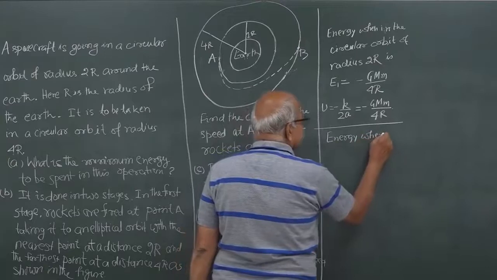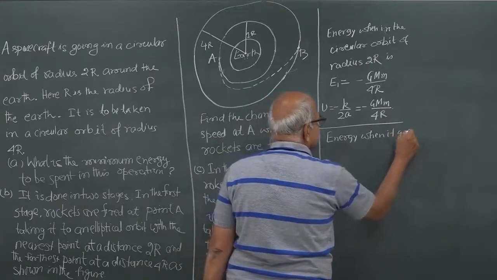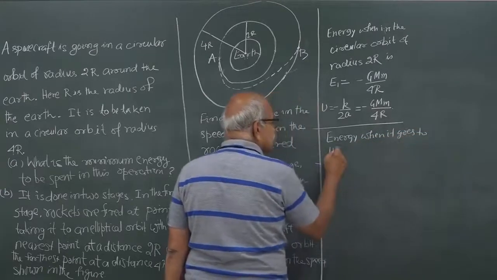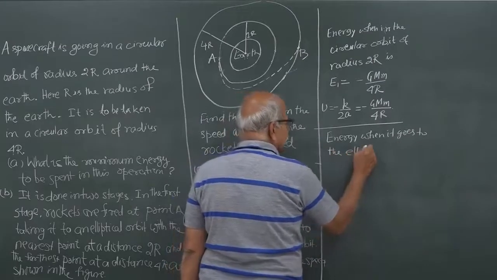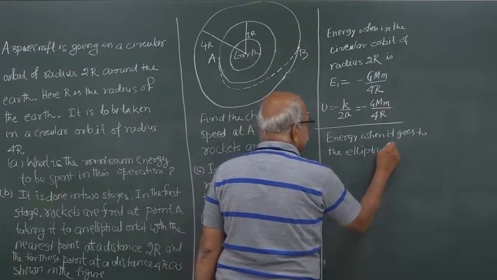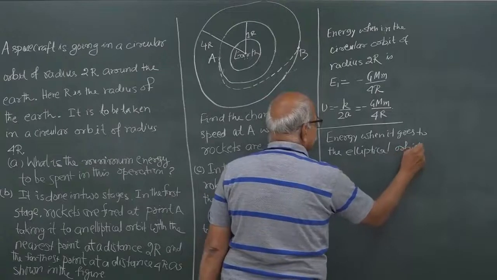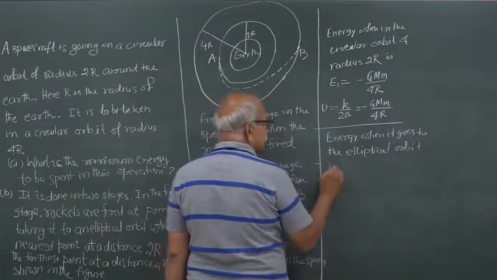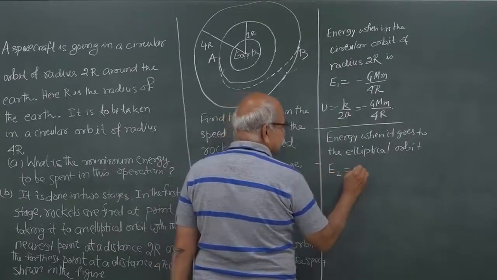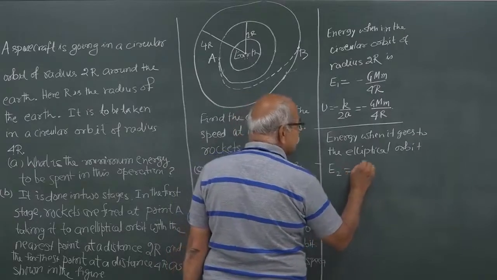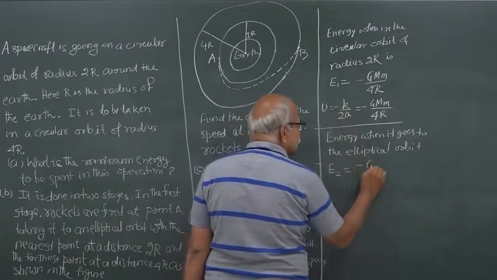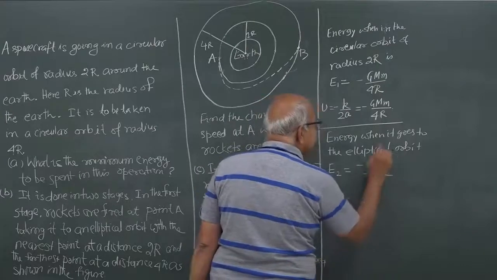Now, when it goes to the elliptical orbit, let us say that E2 will be equal to minus k by 2a, so minus GMm by 2a.